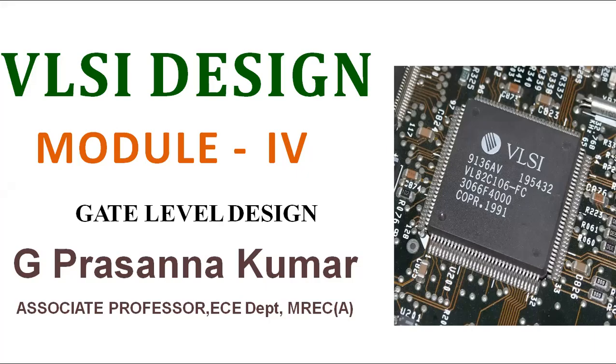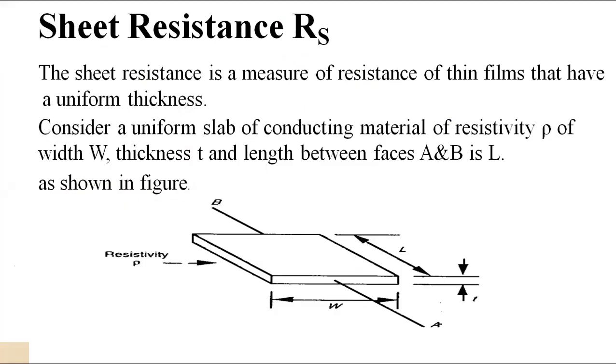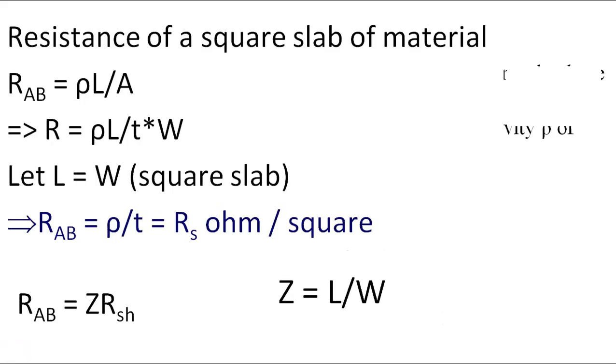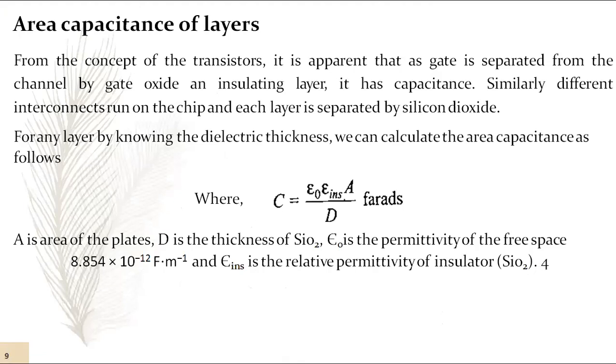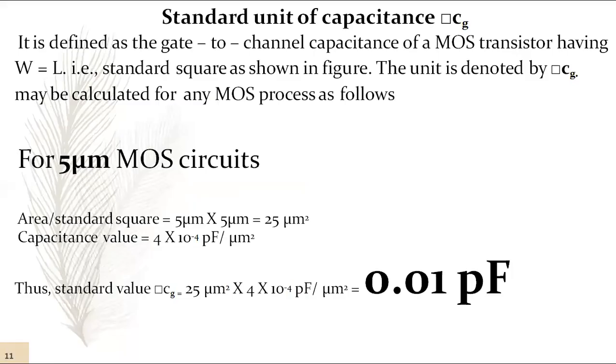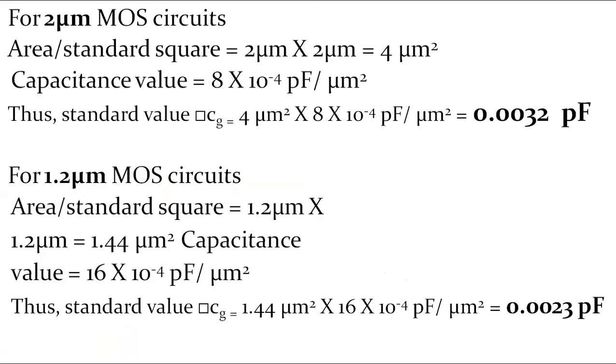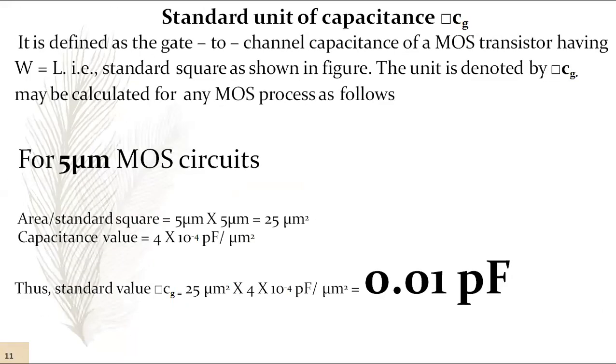Yes, in the last two classes, I have dealt with sheet resistance as well as the calculation of area capacitance of layers and standard unit of capacitance square Cg for three different technologies.